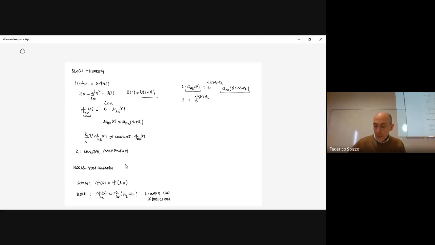So we may think now that K, this parameter that we have in the phase, is located in the same space where we have the reciprocal lattice. Due to that, we may try to express K as a combination of B1, B2, B3 that are the primitive vectors of the reciprocal space.